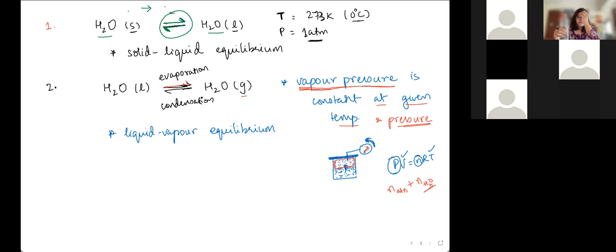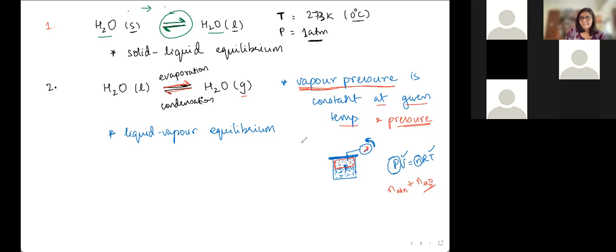In fact, you can't even figure out how much is converted into vapor because your liquid water remains that much only. It's not changing. So once this forward process reaches a point, the backward process starts kicking in. Whatever water is getting evaporated, yahan pe space se condensation kicks in and it goes back into liquid state, as long as you keep the temperature constant and you're not changing anything externally.